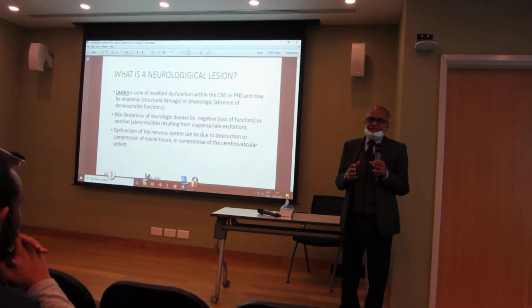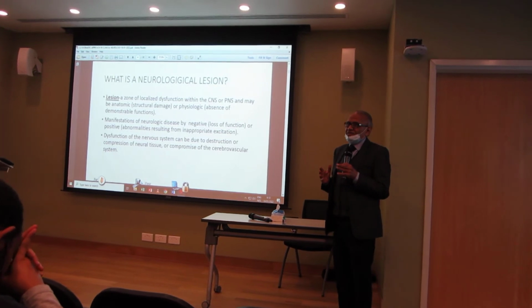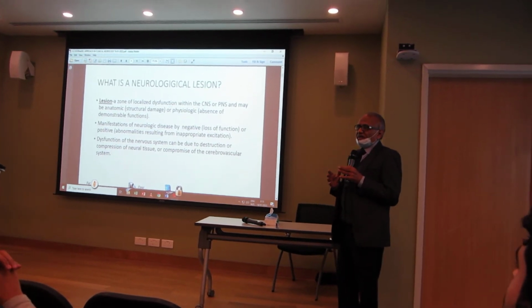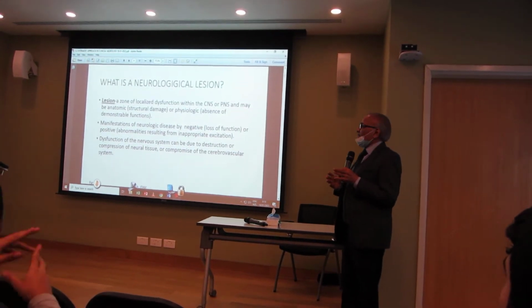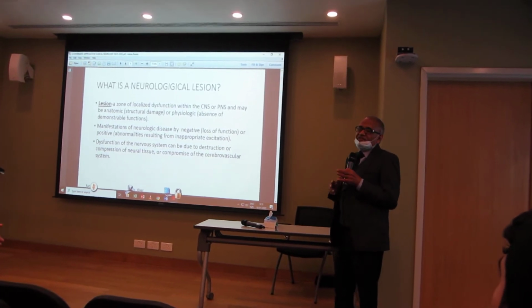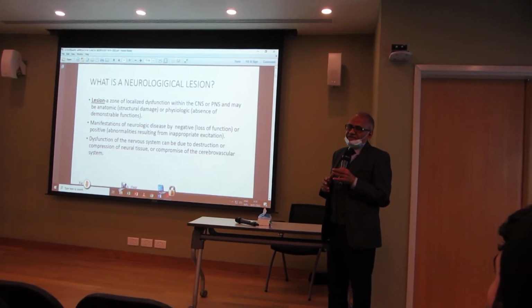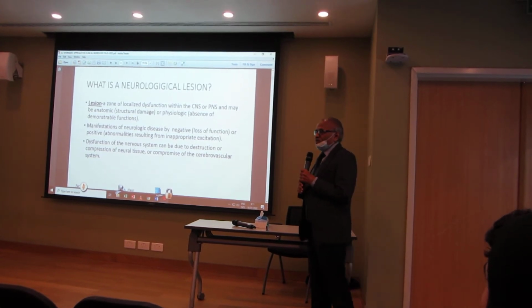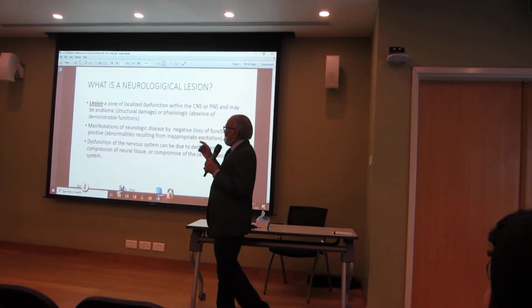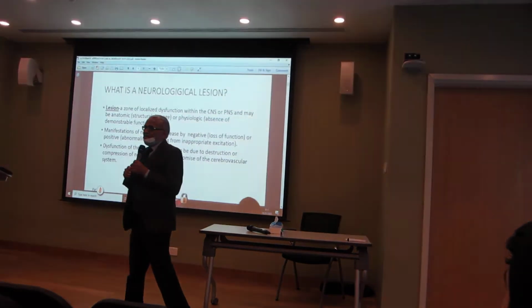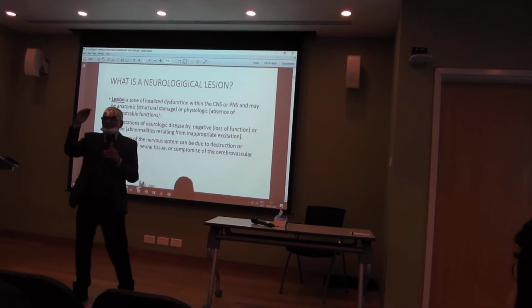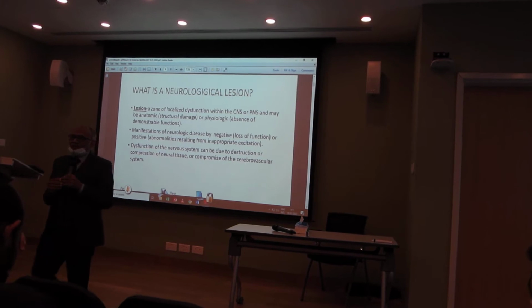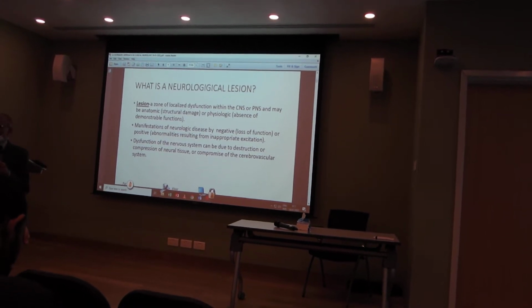So basically the anatomy has been disturbed. The anatomical structure has been disturbed. Or it can be a functional deficit. So physiology has been disturbed. So at two levels these defects can occur. Either we have got a central nervous system problem or a peripheral nervous system problem.